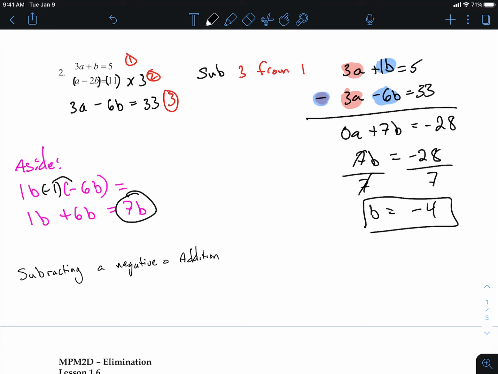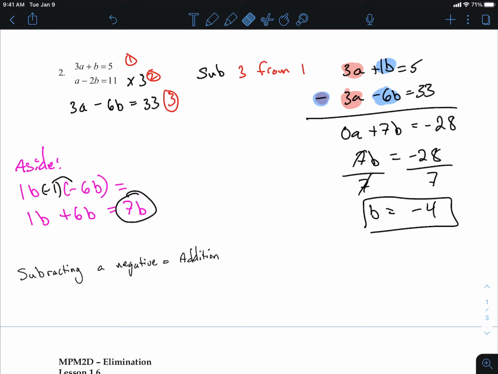Okay? Are we done? Good. I still have to find the x value, or the a value. Again, number 2 and 3 are the same equation. Just one's bigger than the other is all, right? It doesn't matter which one you pick.